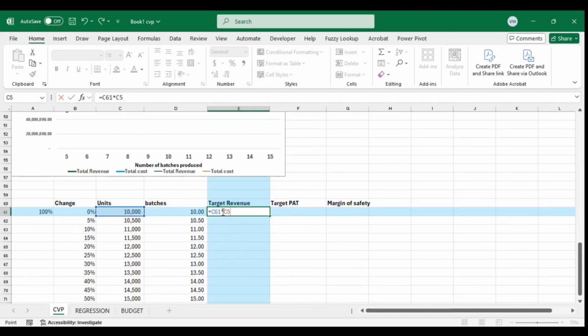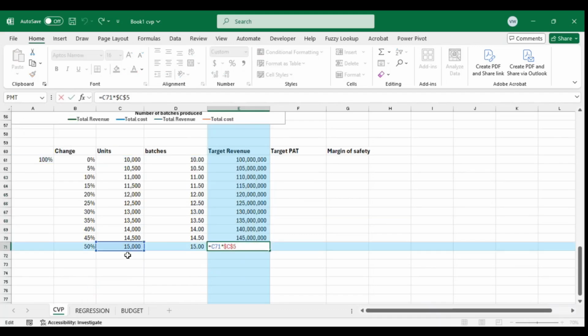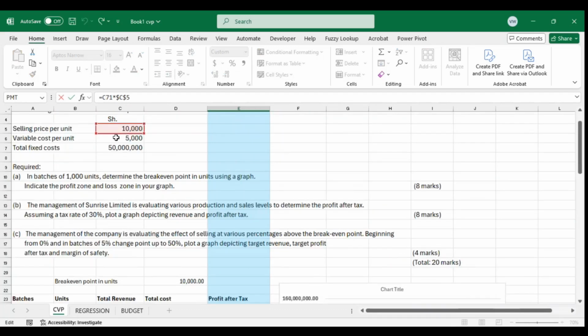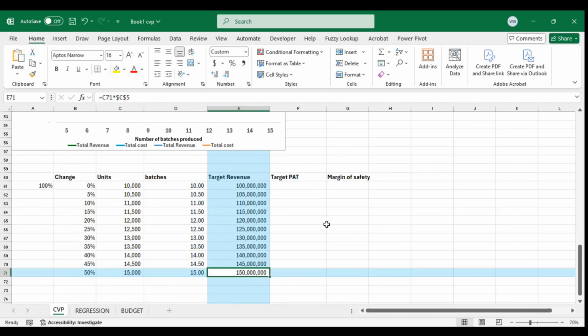Because I want to use the fill series, I can lock that and press F4, so that we can get the rest. And you can clearly see that it is still locked to the original 10,000, which gives us a target revenue of 150 million.